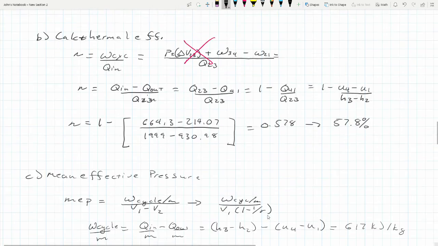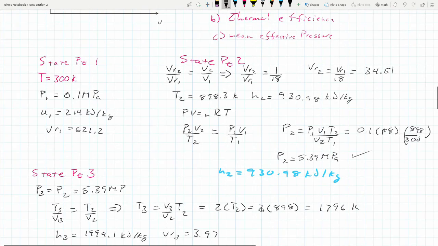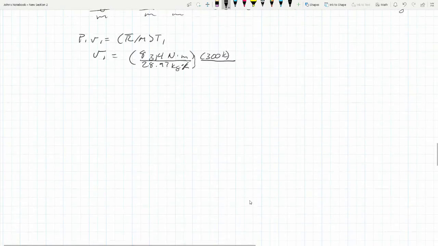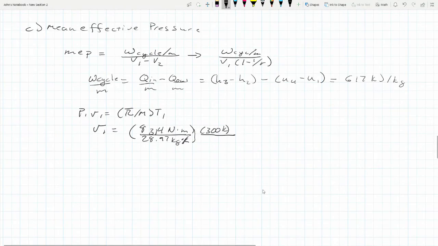What was the pressure? 0.1 megapascals. So 0.1 times 10 to the 6th, which is 10 to the 5th newtons per meter squared. This all comes out to 0.861 meters cubed per kilogram.